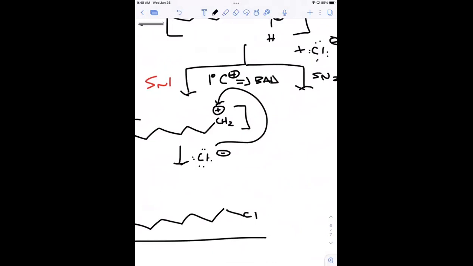That's bad. So that's going to make this pathway super slow, right? Because to get to that carbocation, it takes a lot of energy because it's so unstable.